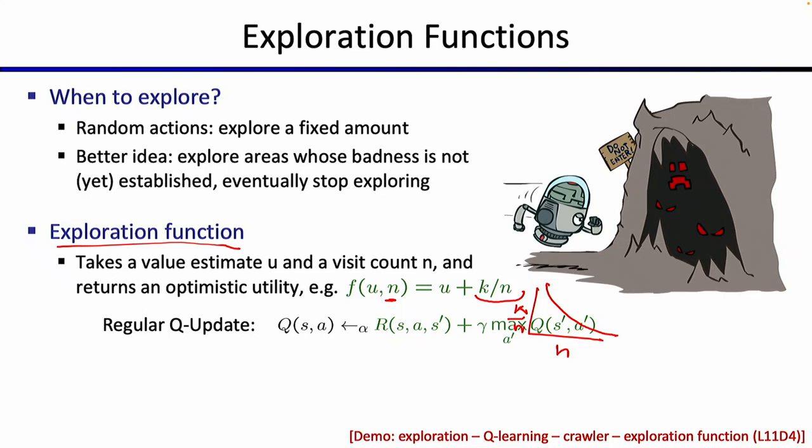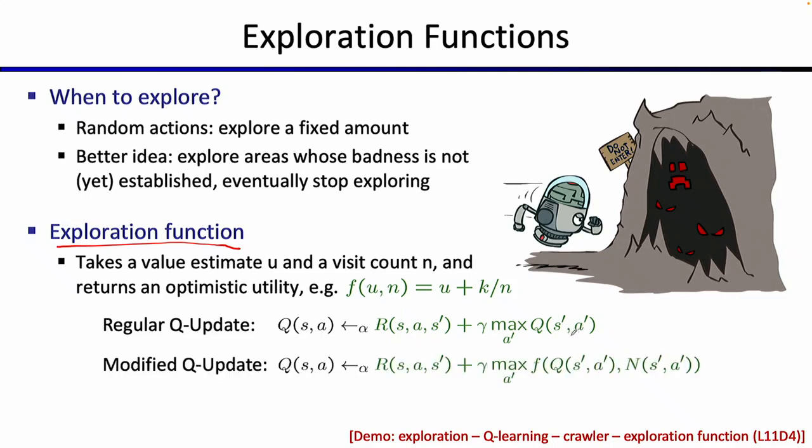If the regular Q update that we've had before looked like this, now we are going to modify it just by using this exploration function instead of the Q value.